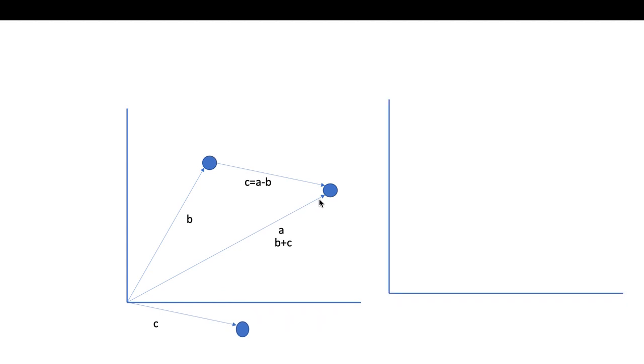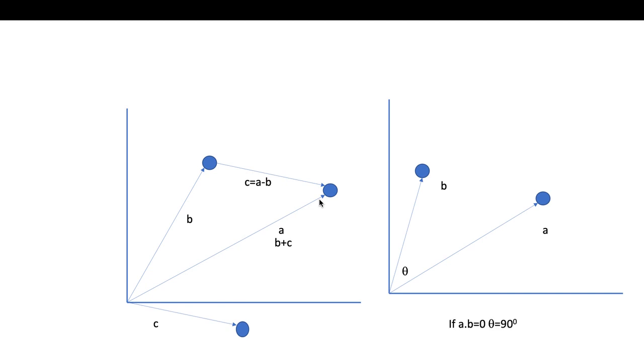Another concept is the dot product and cosine similarity. If we have two vectors a and b and the angle between them is theta, then cos theta is the dot product of a and b divided by the norm of a multiplied by the norm of b.